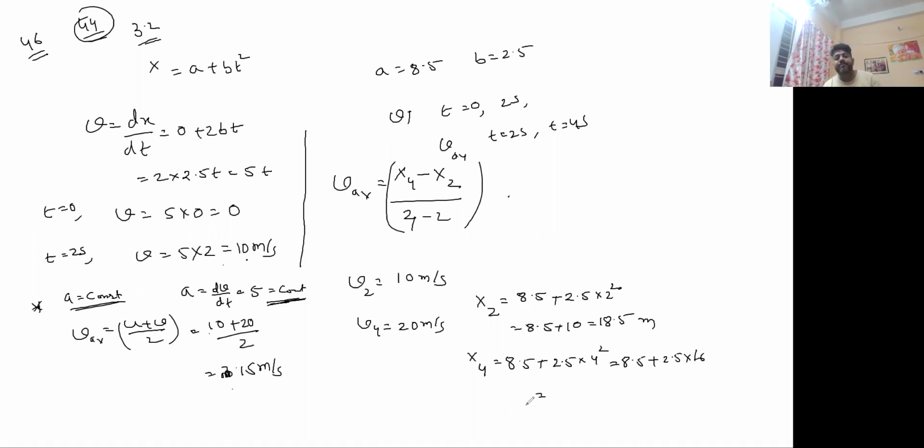How much will it be? 40. So 8.5 plus 40, is it okay, everyone? 48.5. Now if we put it here, 48.5 minus 18.5 divided by 2.